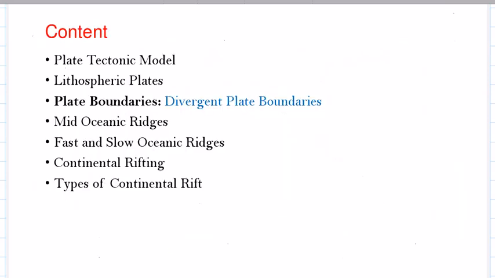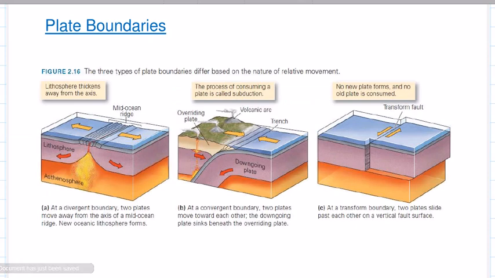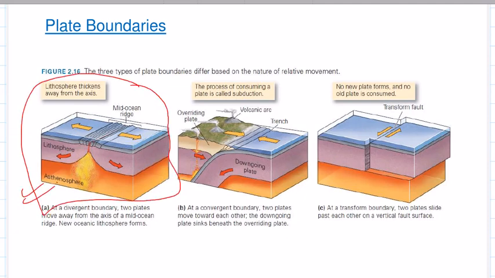The content of this lecture is divergent plate boundaries. Hopefully you have an idea what a divergent plate boundary is, and then we'll discuss in depth mid-oceanic ridges, fast and slow oceanic ridges, continental rifting and types of continental rifts. We have already discussed all three in brief in the previous lecture, and we will be focusing on this boundary here, which is the divergent plate boundary.